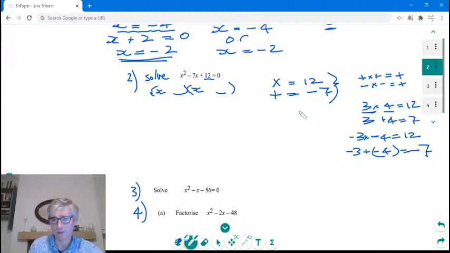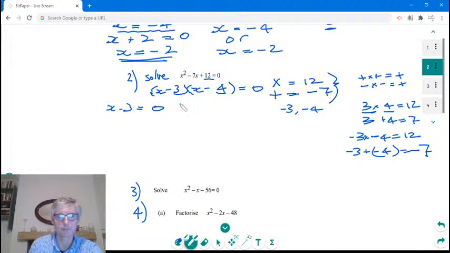So that's correct. The two numbers we're interested in are minus 3 and minus 4. So we can write them in here: minus 3 and minus 4. And because that's still equal to 0, we end up with two mini equations from each bracket. So we end up with either x minus 3 is equal to 0, or from the second bracket, x minus 4 equals 0.